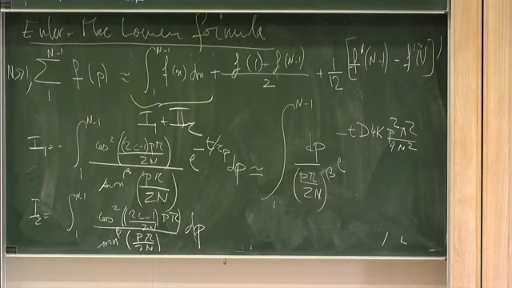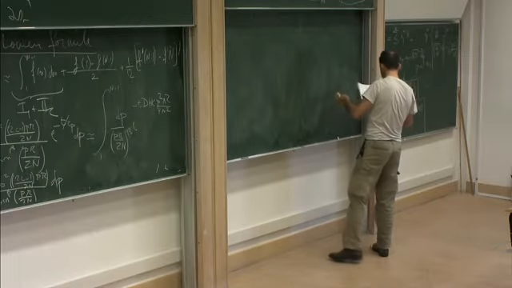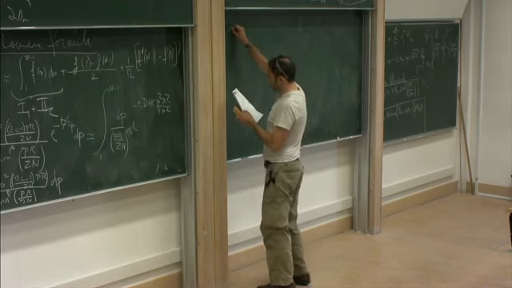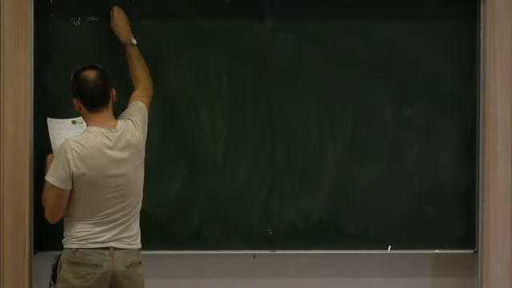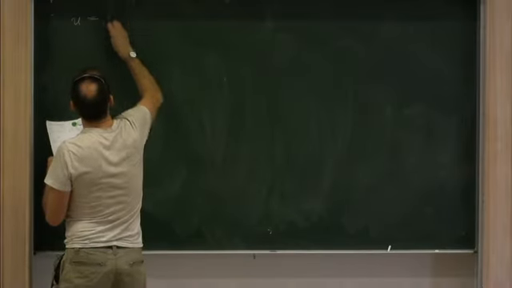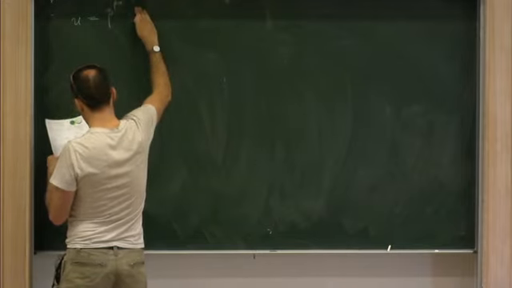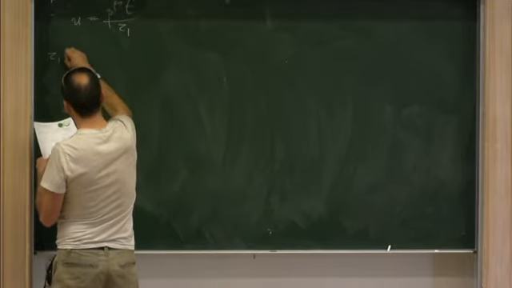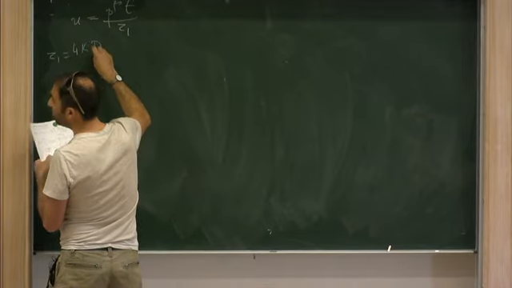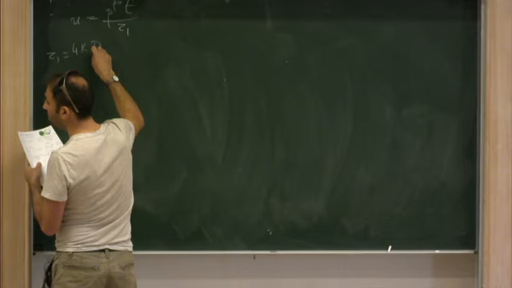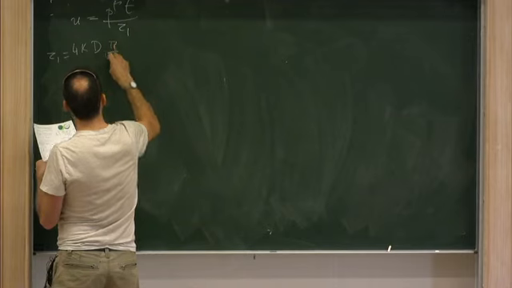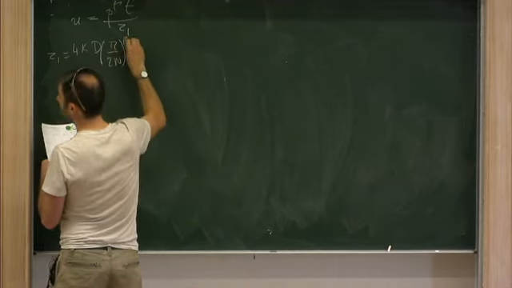So let's do a change of variable. In the exponential term, let's write u equals p to power beta, t divided by tau 1, and tau 1 is 4 kappa, pi divided by 2n to the power beta.